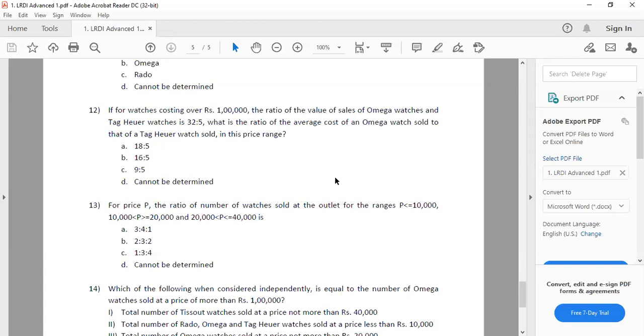What is the ratio of Omega and Tag Heuer in that price range? Over 1 lakh. What were the values in the table?